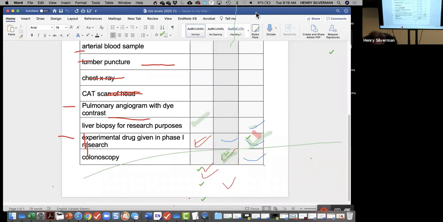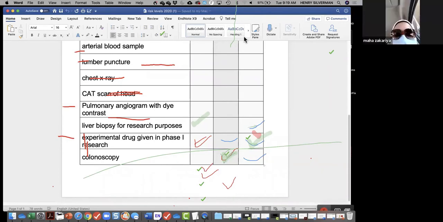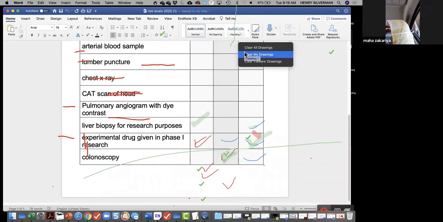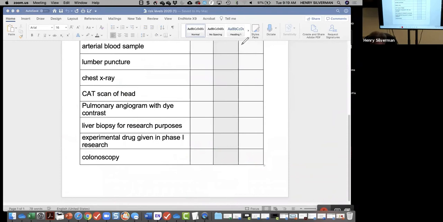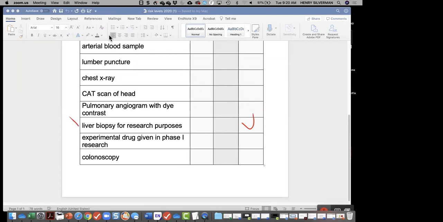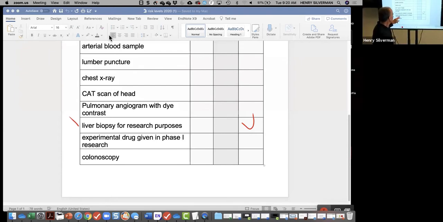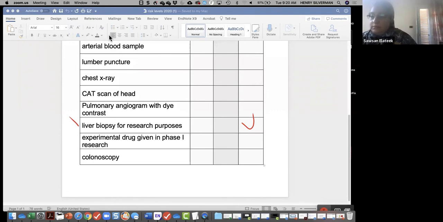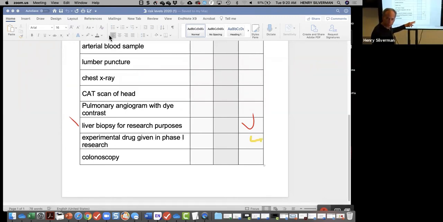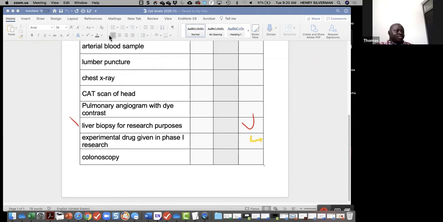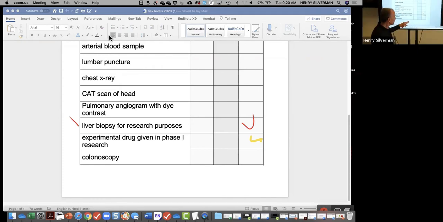All right, what about a liver biopsy? Substantial. All right, so this is an experimental drug given in a phase 1. Less than, minimal risk. Greater than minimal risk.